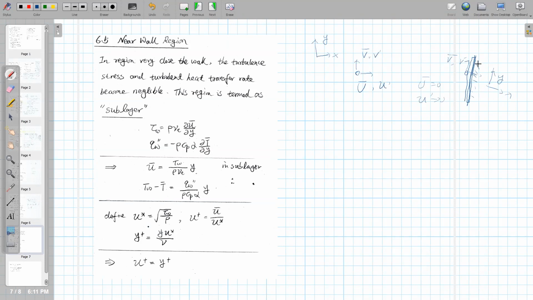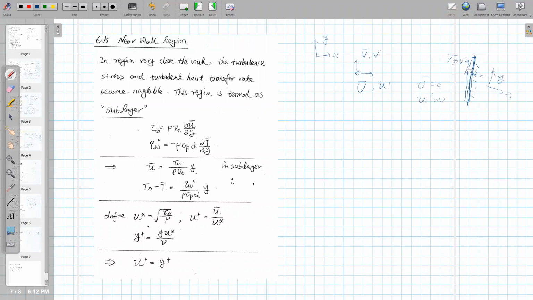So what does that mean? Also, sorry, I made a mistake here. Because the v velocity also becomes 0 at the wall, we do not have a penetration of the velocity through the wall. So v velocity also becomes 0. And because the average v velocity becomes 0, v prime is also going to 0.